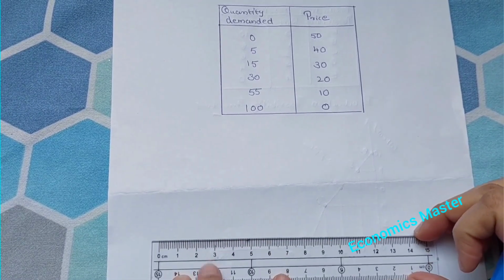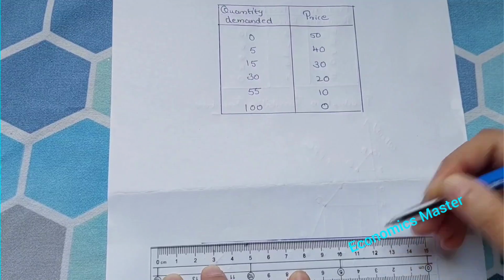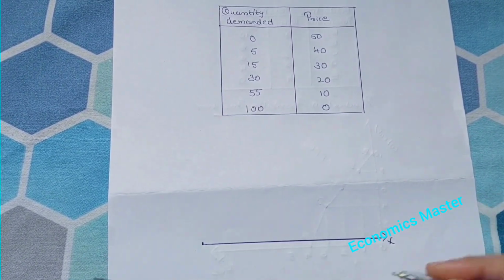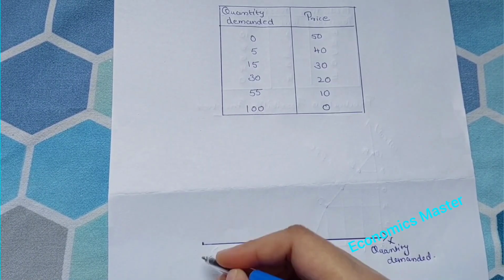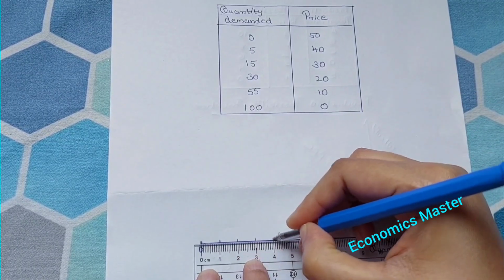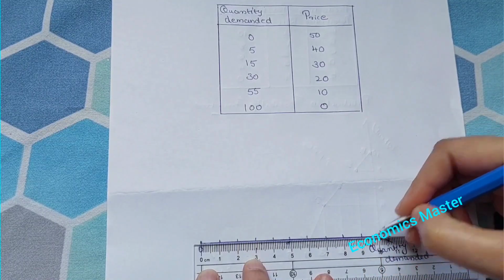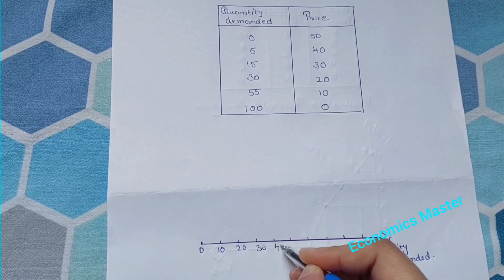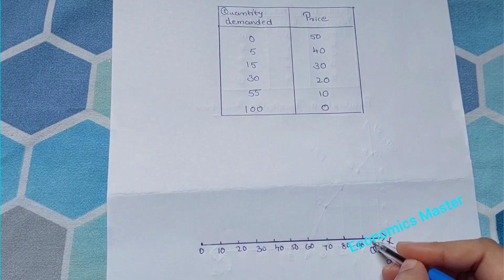Based on the table, we can draw the demand curve. First, draw the x-axis. X-axis measures quantity demanded for a commodity: $10, $20, $30, $40, $50, $60, $70, $80, $90 and $100.